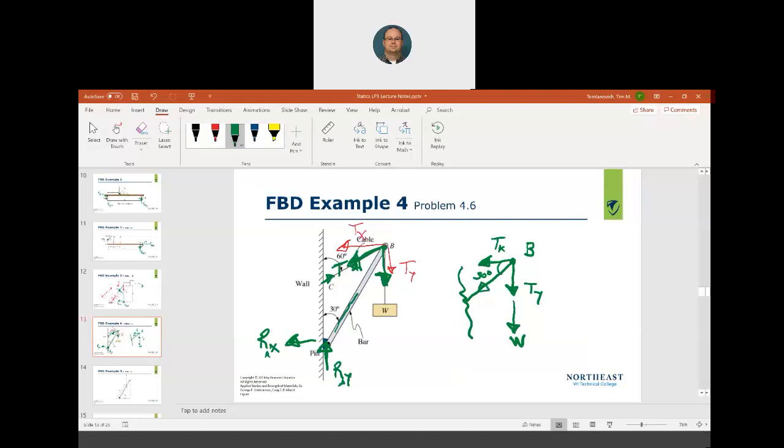I can find T by using the three equations of equilibrium with this free body diagram. See what I did? Basically I cut this off the wall and pulled it apart. So now I can find T, the big T, by summing some of the forces in the Y, some of the forces in the X, and then summing the moments about a point.